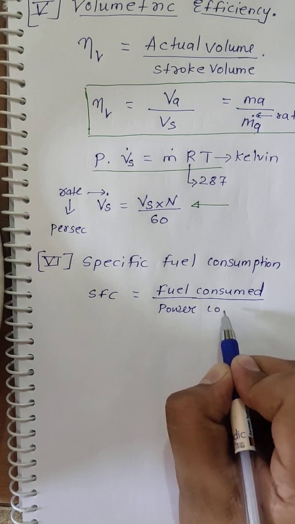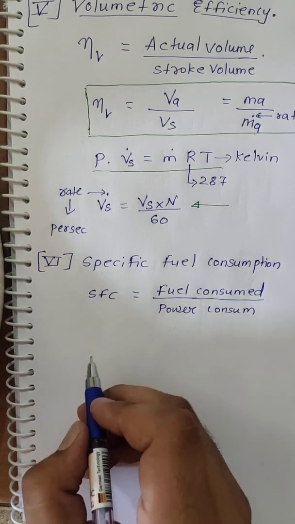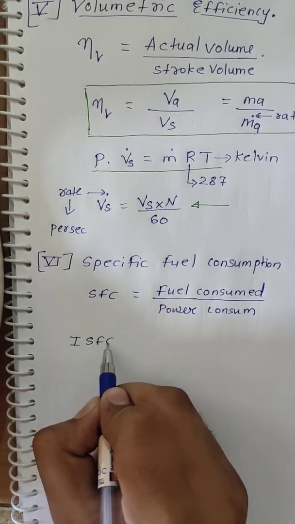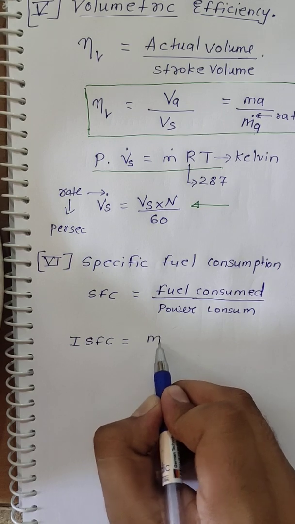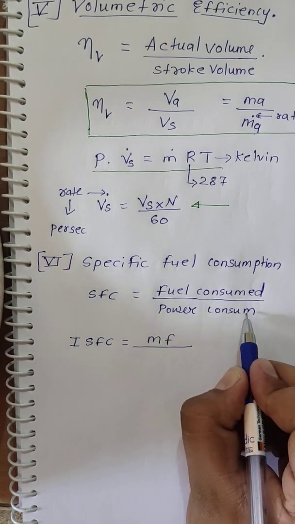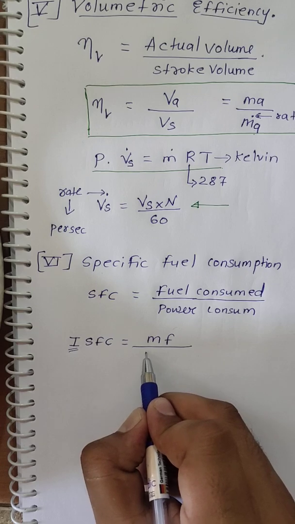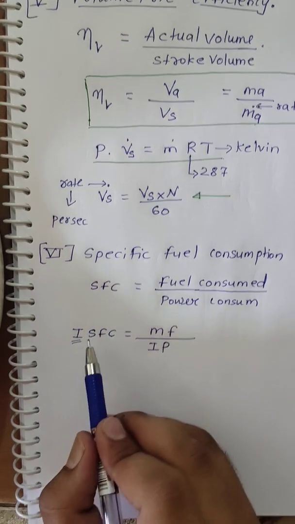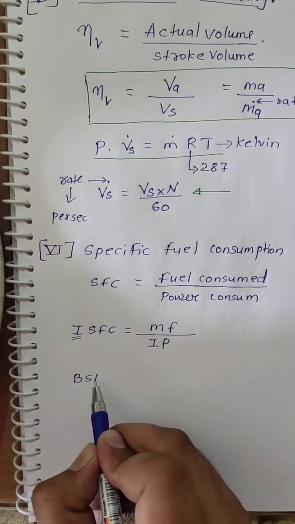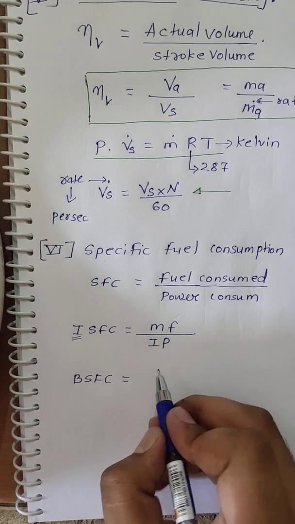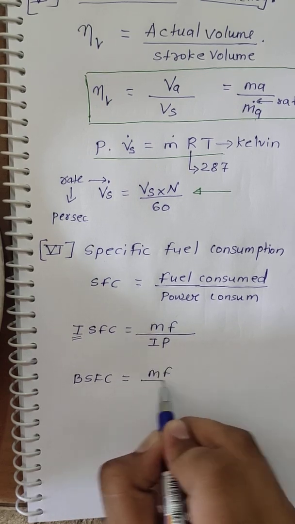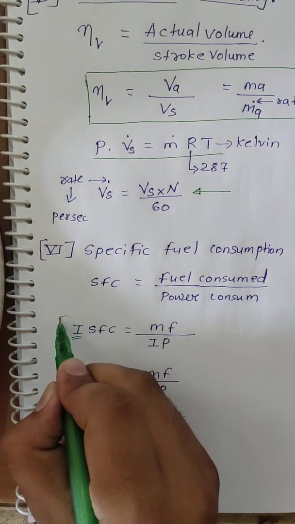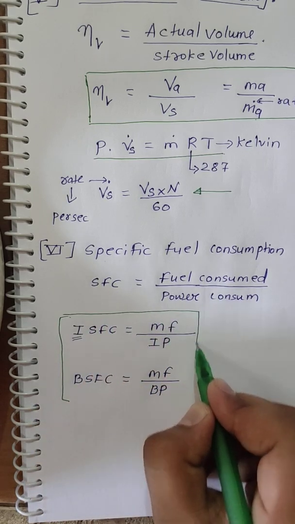So it is fuel consumed upon power. If it is related to indicated power, I will write here as ISFC: fuel consumed, fuel means mass of fuel, upon power. Which power is this? Indicated power. So I will write here IP. Similarly, this was for indicated power. BSFC, it will denote what? Brake specific fuel consumption. It would be MF upon BP. So student, these are your two formulae for specific fuel consumption.